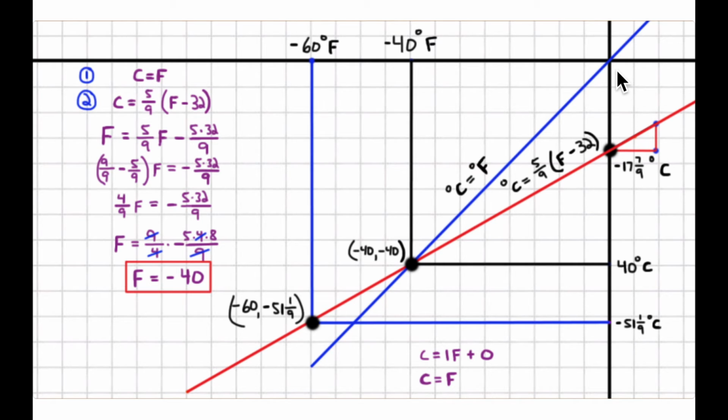Remember that slope is 1, so it's negative 1, negative 1, negative 1, negative 1. They intersect at negative 40 degrees Fahrenheit and negative 40 degrees Celsius. And this is what we looked at a moment ago, that negative 60 degrees Fahrenheit is equal to negative 51 1/9 degrees Celsius.